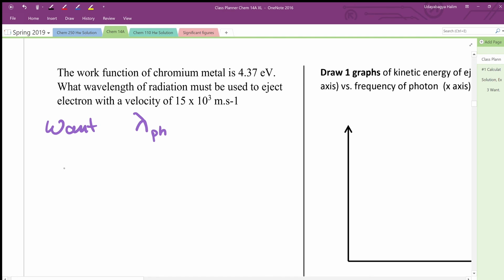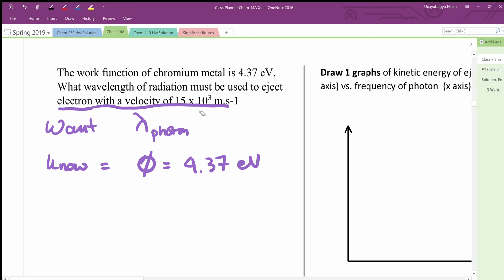What you know is the work function of chromium metal. In this case, the work function is 4.37 electron volt. And you also know that the electron moves with a velocity of 15 times 10 to the power 3 meters per second. That might be a typo, but it's alright.